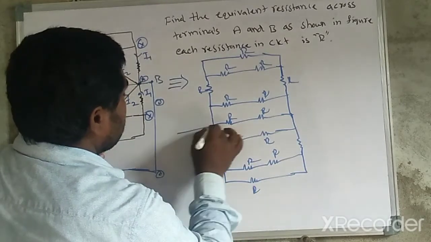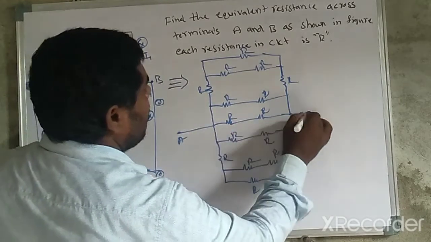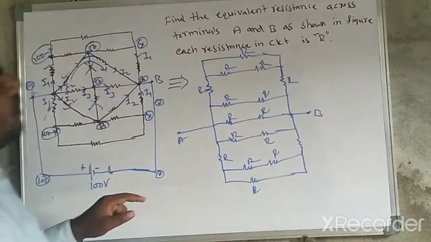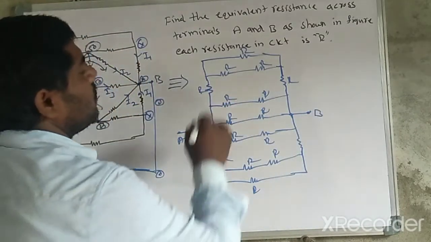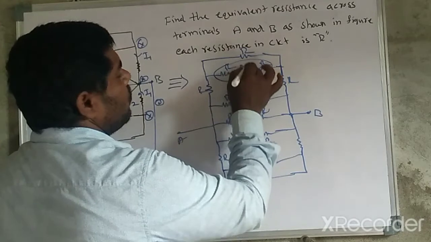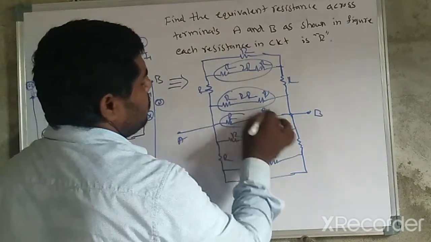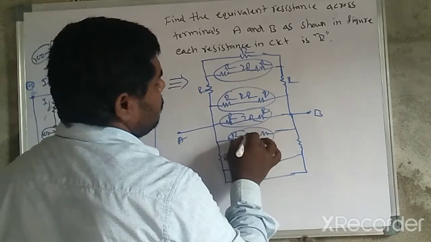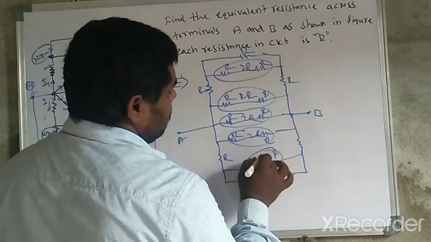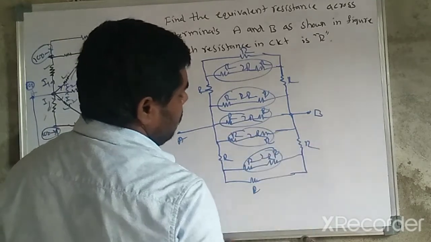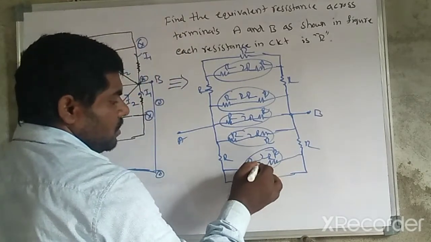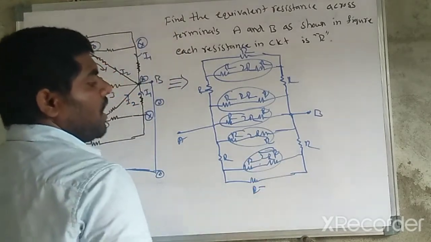They are asking for the potential A and the potential B. Now these two are in series, 2R. Now these two are in series, 2R, and likewise for the other pairs. So now this 2R and this R are in parallel.